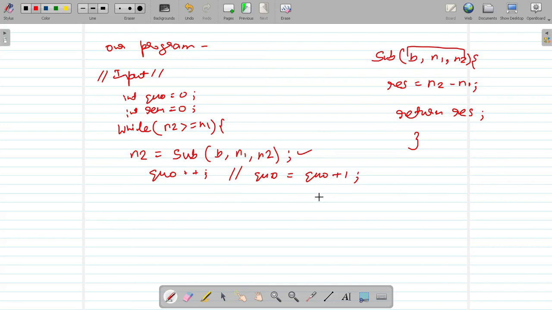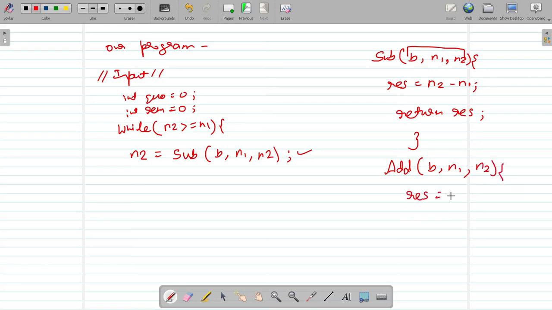So instead of doing quotient plus plus, we will use any base addition. I'm showing it here as add. It was also a similar function which took the same parameters, and somehow returned n1 plus n2.